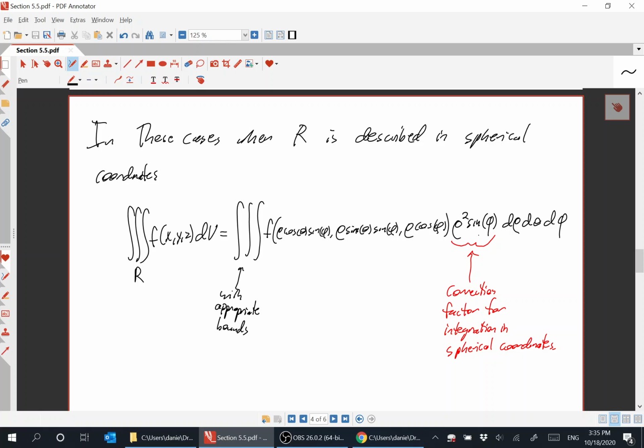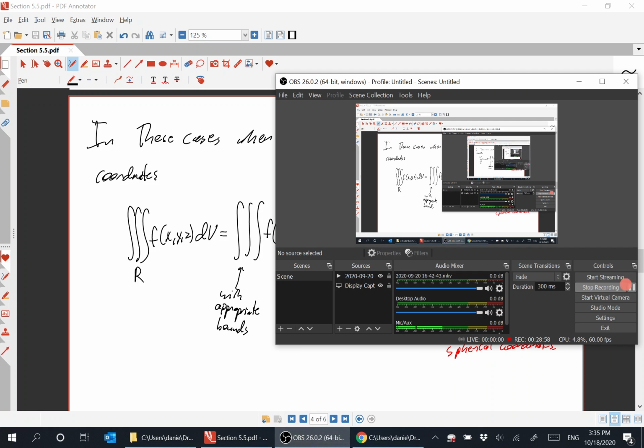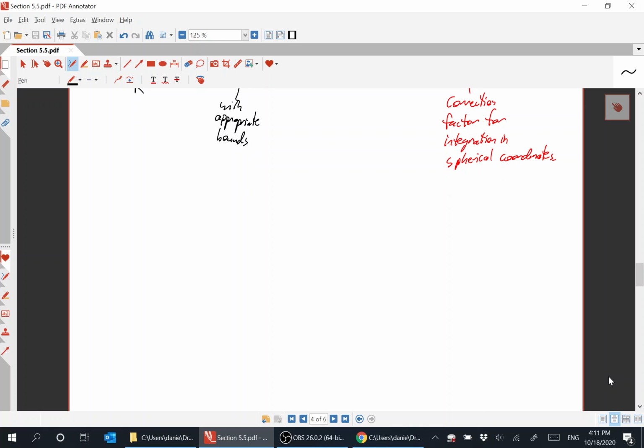And the form of this correction factor has to do with various aspects of what the volume of a sphere is, or the volume of part of a sphere, a spherical box, if you will. But I really don't want to get into that. That's kind of a bit much. So we'll just take that as known in this instance. Okay, let's take the following example.